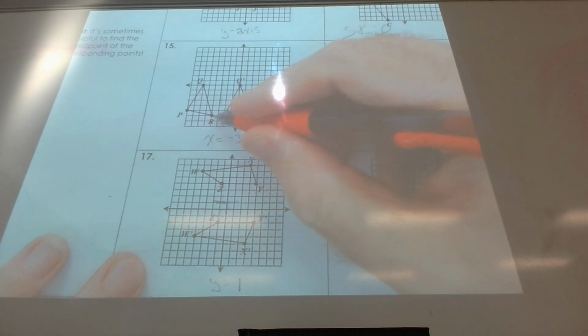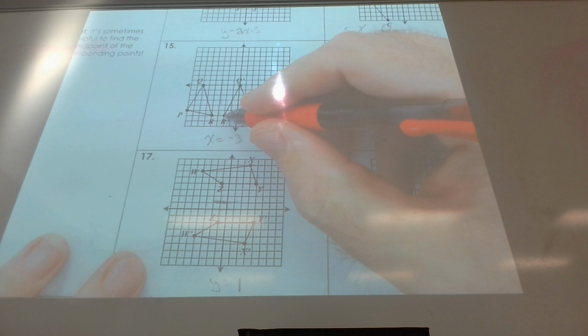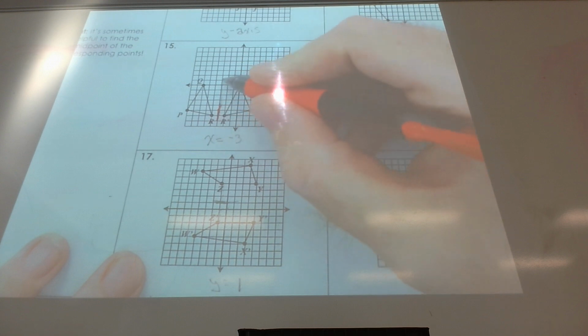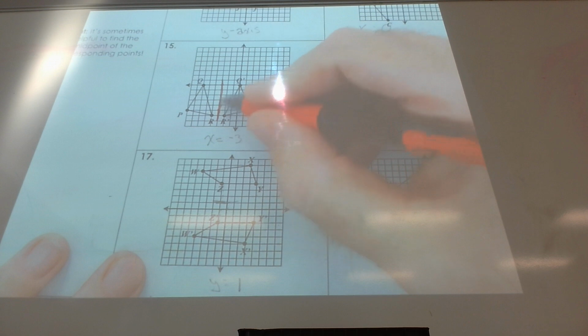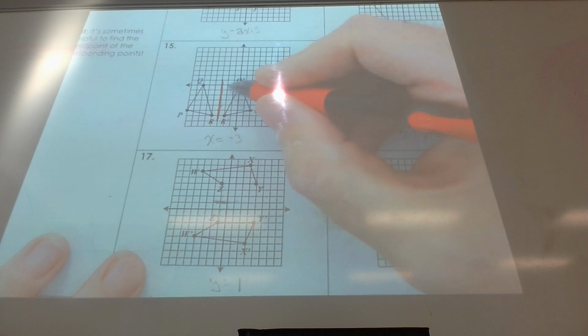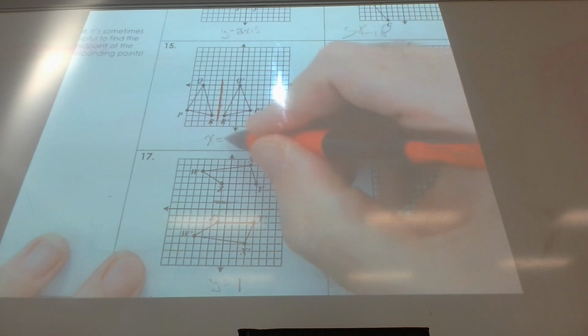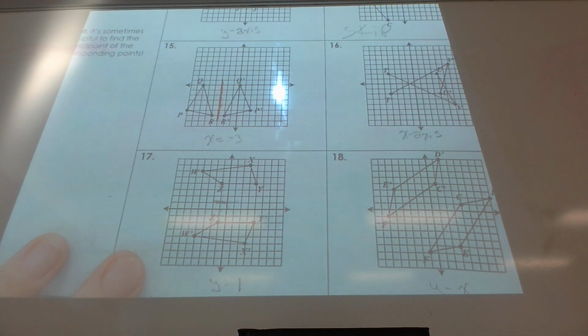So I'm going to look at the 2 closest points, R and R prime. What's the midpoint of those? Well, right here is the midpoint. They're both 1 space away. So the question is, what's the equation of that line? It's 1, 2, 3 on the negative side, so x equals -3.